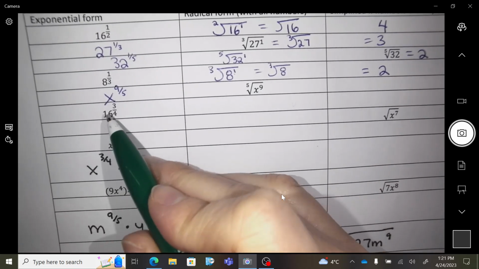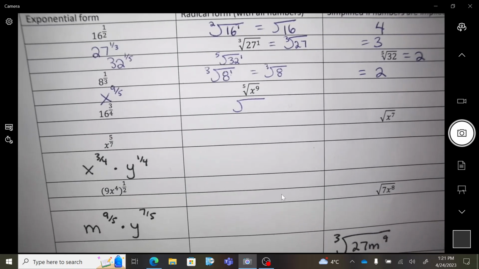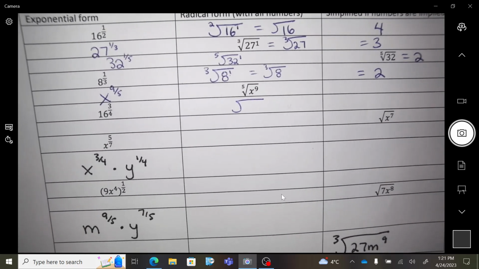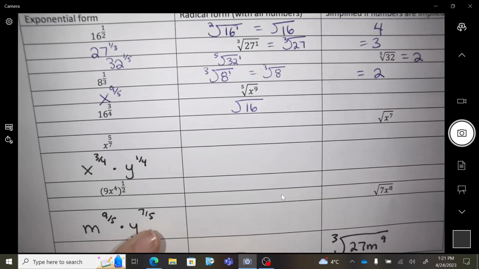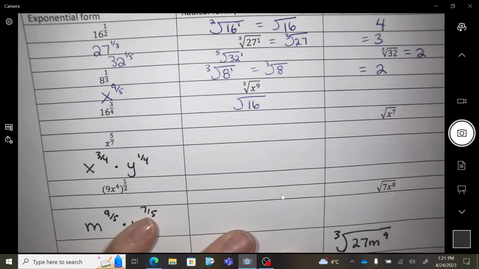Okay, can you rewrite this as a radical? So there's a 16. Where are you going to put a 3? Where are you going to put a 4? 4 as like the root.